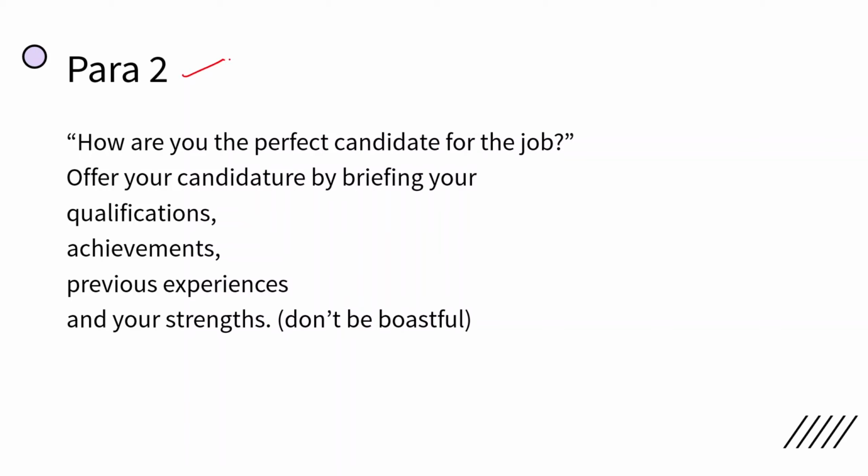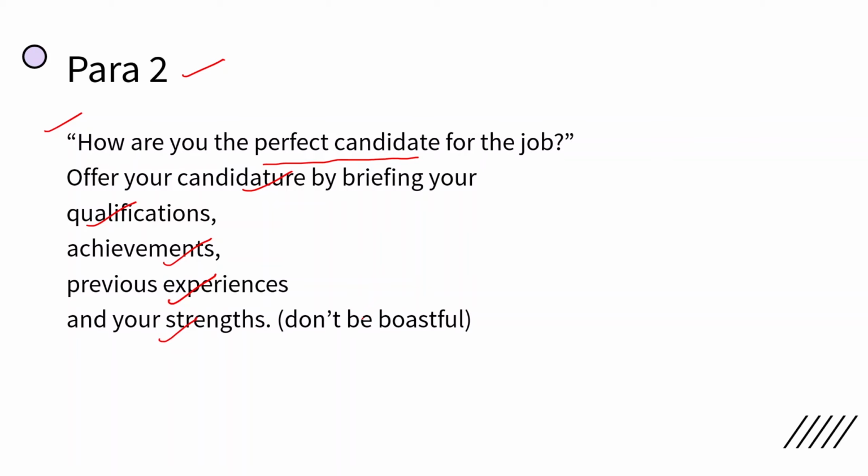Then para 2. In paragraph 2, you are going to answer this question: how are you the perfect candidate for this job? Don't forget it. So offer your candidature by briefing your qualifications, achievements, previous experiences, and your strengths.